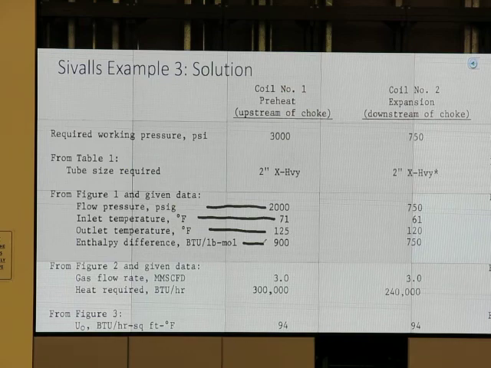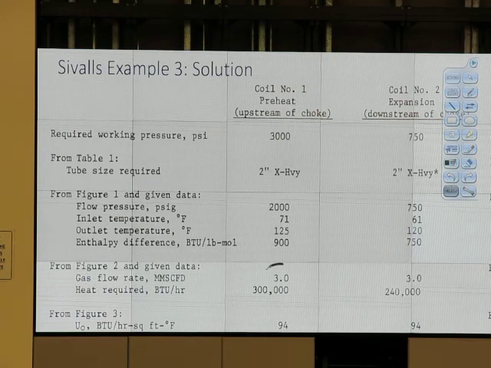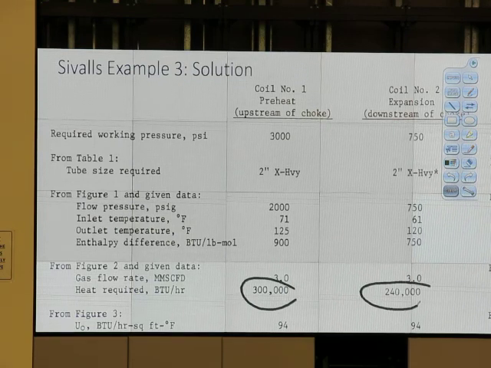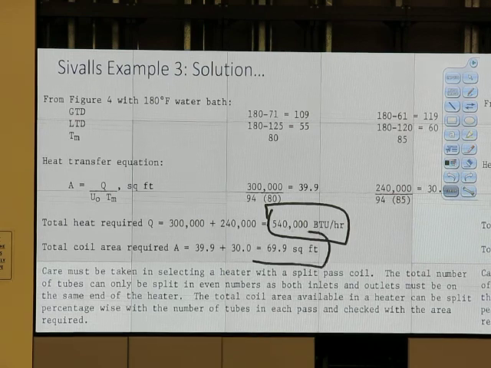And then we heat it again to, otherwise you cannot heat it again to 120. Gas flow rate still the same, 3 and 3. And you say, okay, heat required for the first case is 300,000, 240. Keep doing that. We get this much BTU per hour, and that's the answer.